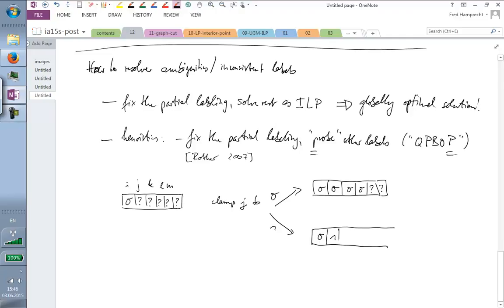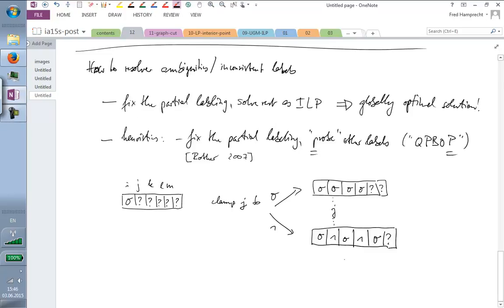Then I clamp J to 1. And then perhaps I find that I get out this pattern. So you see here I have 2 question marks, here I have 1 question mark, so I cannot really predict how many nodes will become labeled if I clamp a node to a particular label.